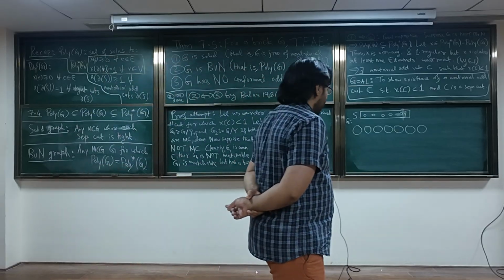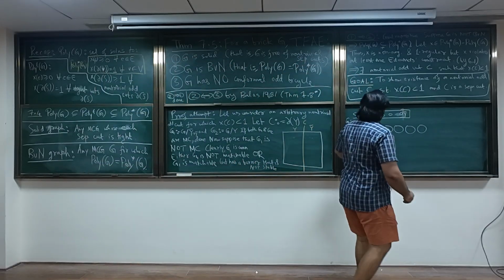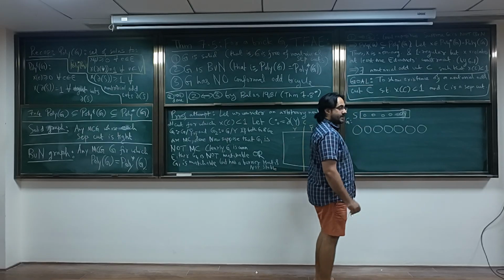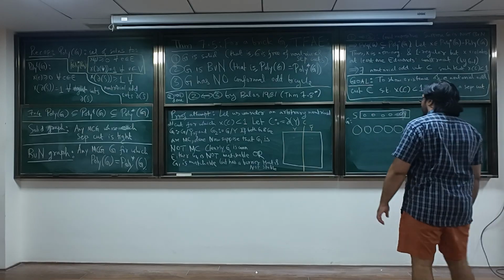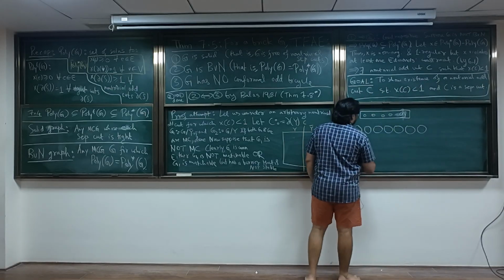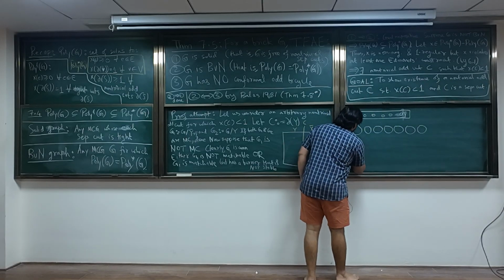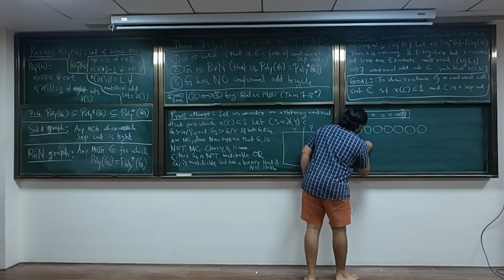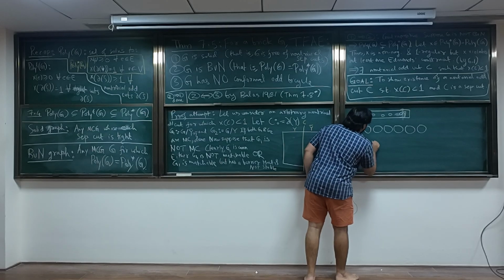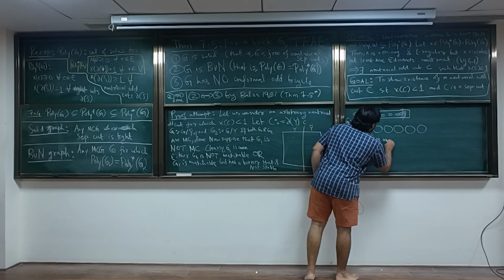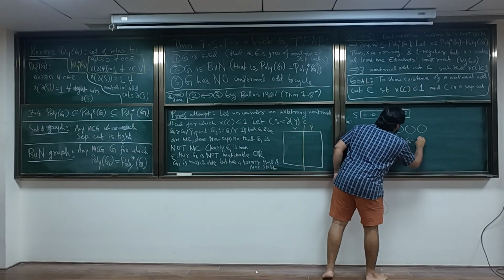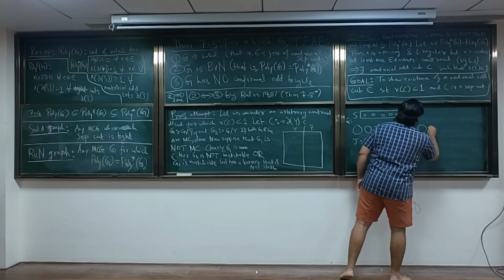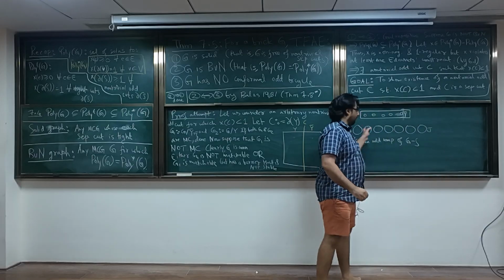Now for all the odd components of G1 minus S, let's say J is an odd component of G1 minus S. So let's say J is this, for example, but J could be any odd component.